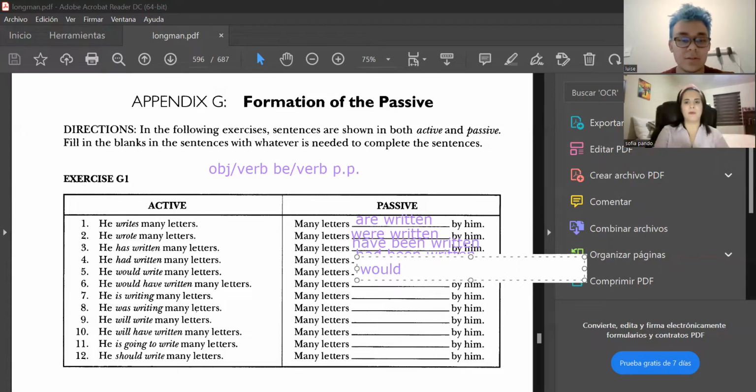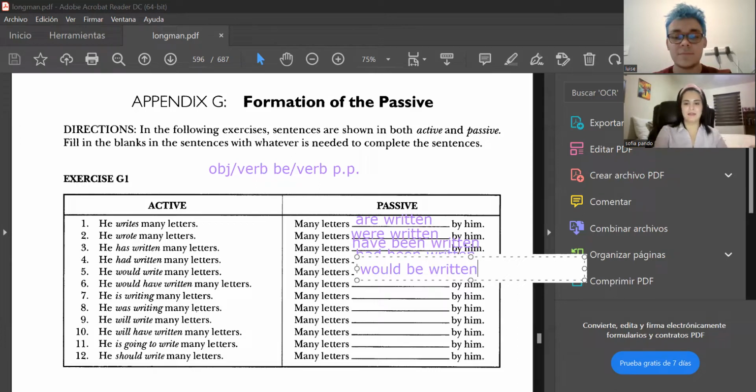What is the base form of the verb to be, my man? Yes, trick question. This is the base form: be. Would be, just like that. So that is the base form. We have would be, and then finally you add the verb again. Many letters would be written.